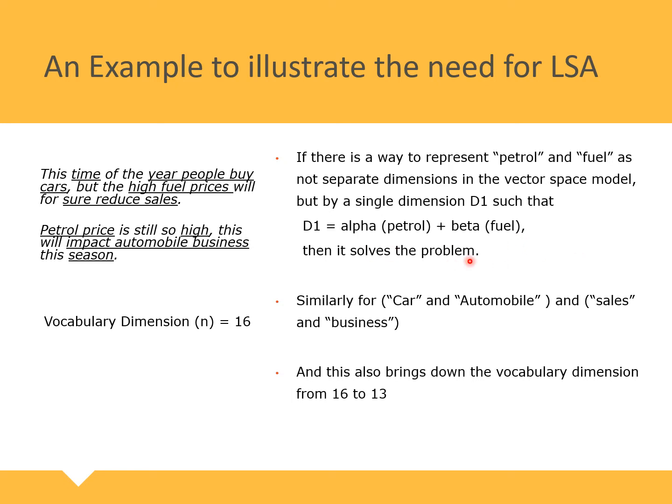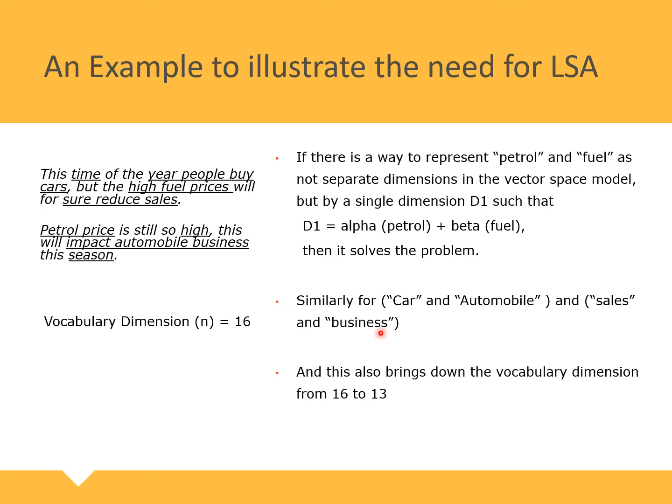So you are teaching your vector space model the concept of synonyms. If that can be done, then this problem can by and large be overcome. And similarly for car and automobile, and also for sales and business, right? If instead of representing these terms as independent dimensions, we can combine them and represent them as a single dimension, it helps solve the problem that these are actually synonyms or similar meaning terms.